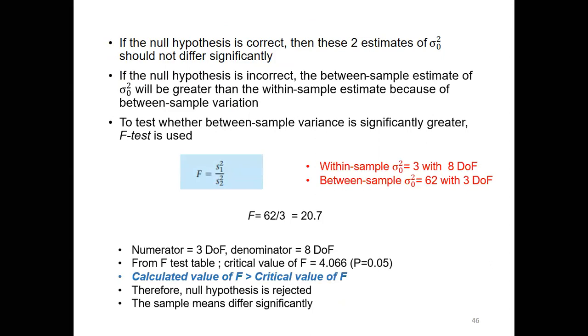Using the F-test, if the calculated value is greater than the critical value, we reject the null hypothesis. If the calculated value is less than the critical value, we keep the null hypothesis. That is how we make the conclusion in ANOVA. I will give you another example for this, with the answer as well, so it will be more clear.